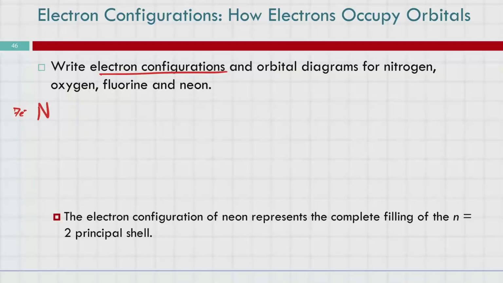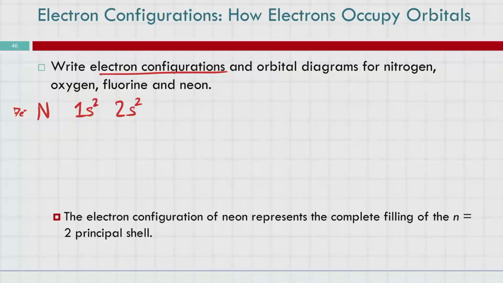What's our lowest energy number letter pair? 1s. 1s is the lowest energy. And how many electrons can we fit into 1s? We can fit in 2. So we're going to write 1s2. Now we've used up 2. We've got 5 left. What comes after 1s? 2s. 2s comes next.